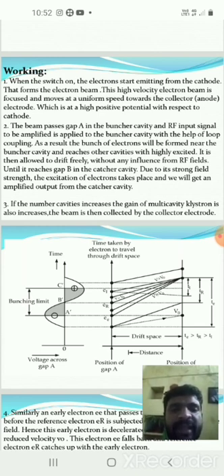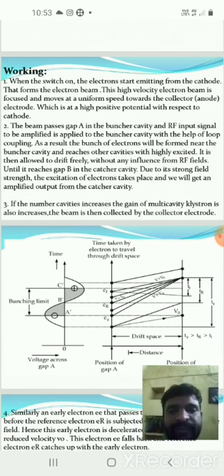It is then allowed to drift freely without any influence from RF fields until it reaches gap B in the catcher cavity. Due to its strong field strength, the excitation of electrons takes place and we get an amplified output from the catcher cavity.